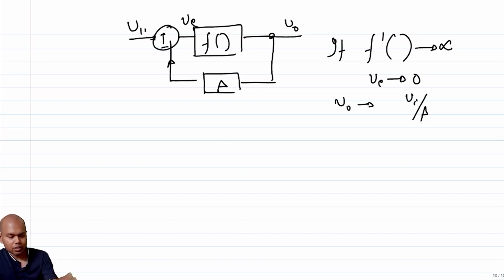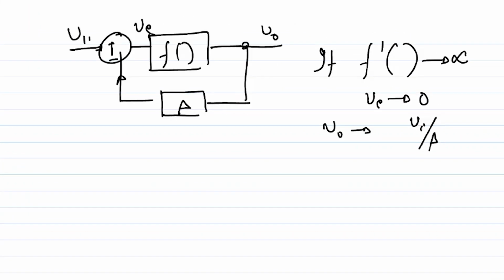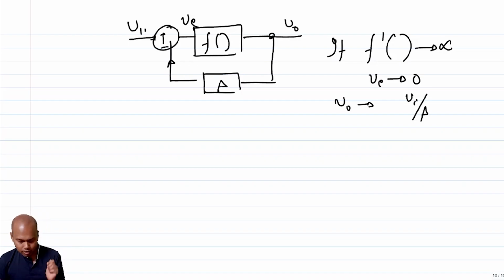I'm not going to prove this, it is not a part of this course, but intuitively you can get the idea that in the classical A beta feedback model, if A tends to infinity, then your VE will tend to 0 and your output will become Vi over beta. As long as beta is linear, your input to output characteristic is linear, even though F is a nonlinear block, right? Now this seems to be a magic bullet that we can use to solve any distortion problem.